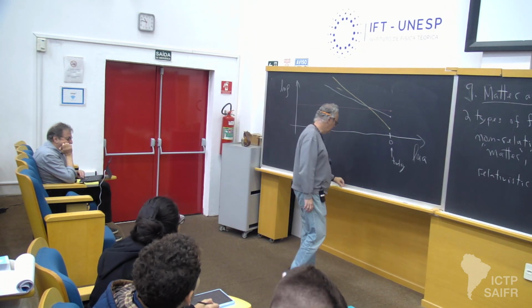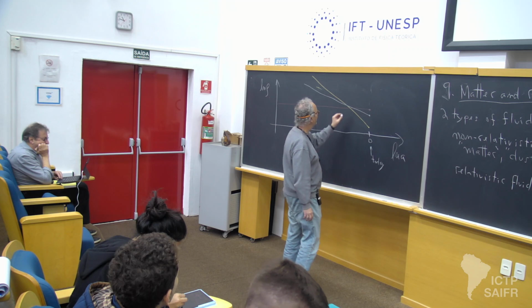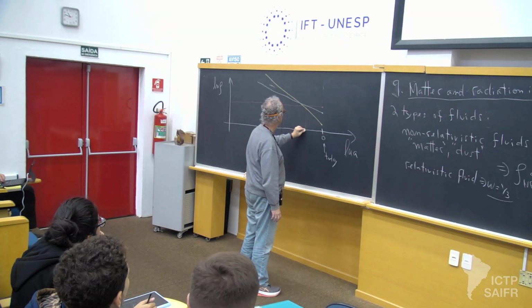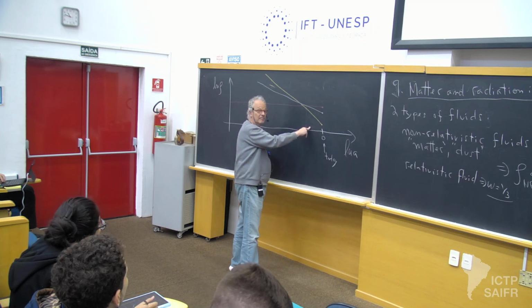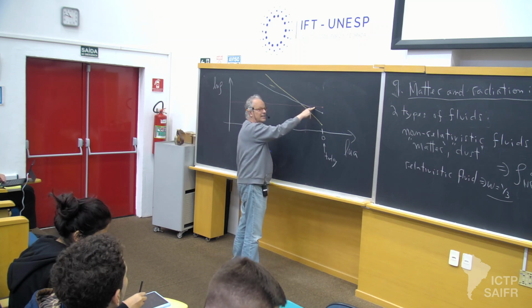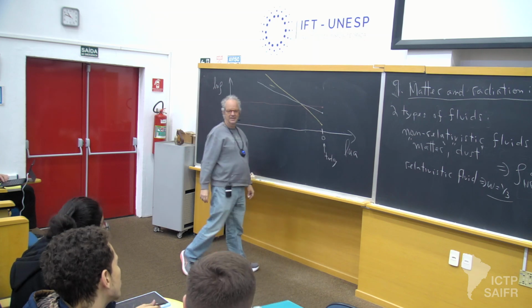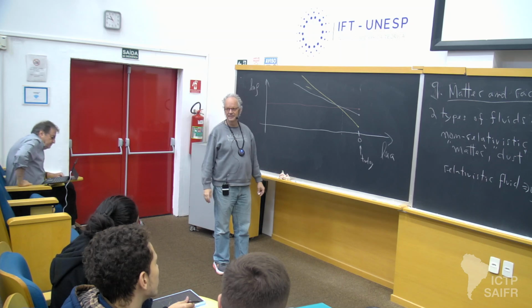And you can see that there are interesting points in this plot. For instance, at this point here, this is the instant in time where dark energy, or the cosmological constant, becomes dominant over matter.